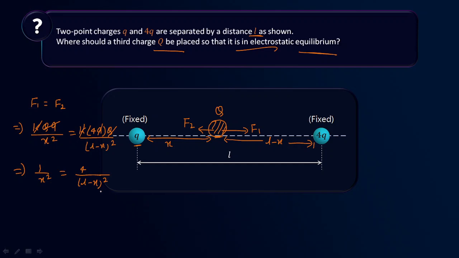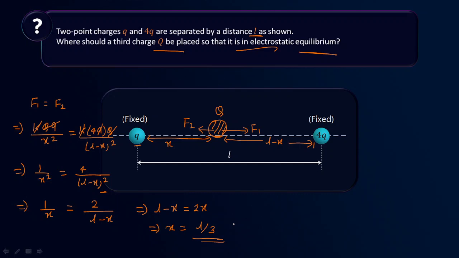Now if you go by simplifying this term, it will become a bit lengthy. So what we can do is take root on both sides. If I take root, this will become 1 by x, which will save time, right? And this will become 2 by L minus x. So now simplify. L minus x will be equal to 2x. So we have x equal to L by 3.